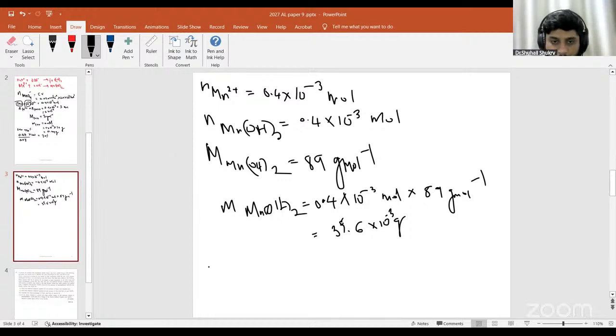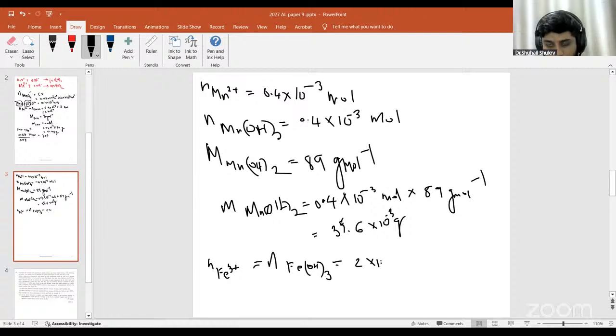So we can write: number of moles of Fe3+ is equal to number of moles of Fe(OH)3, which is 2 into 10 to the minus 3 mole.